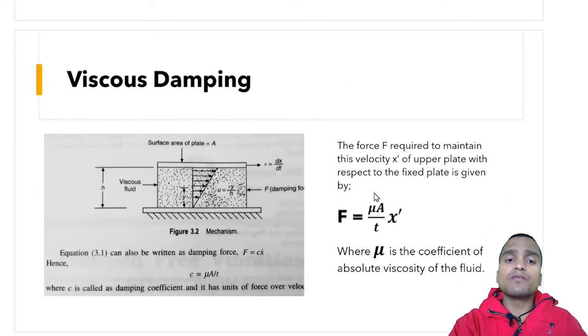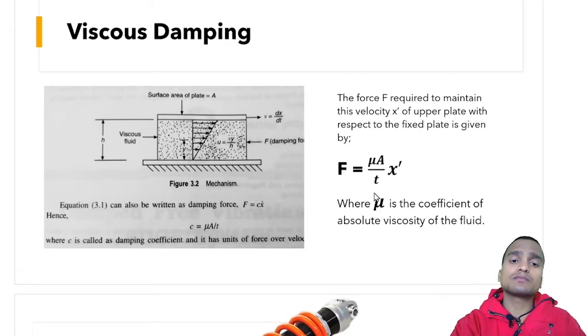So what is the magnitude of the damping force in viscous damping? The damping force which resists the vibration. Now we will calculate that viscous force with the help of a formula which you must have studied in fluid mechanics.